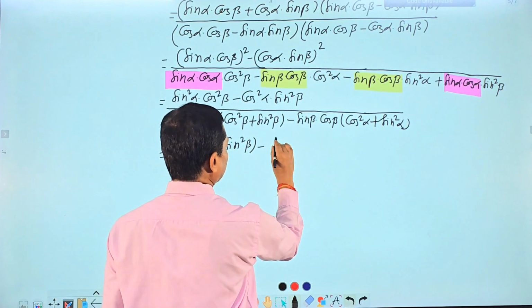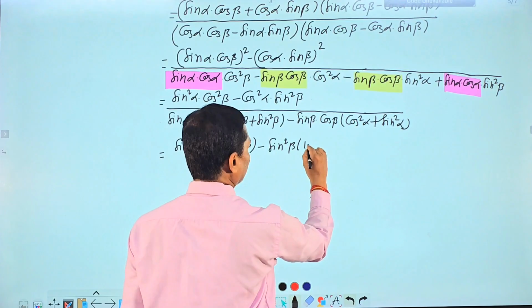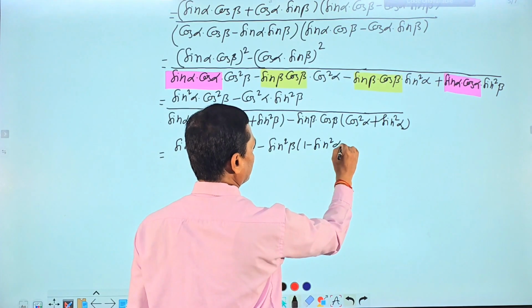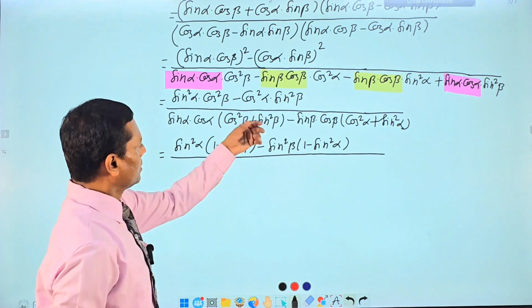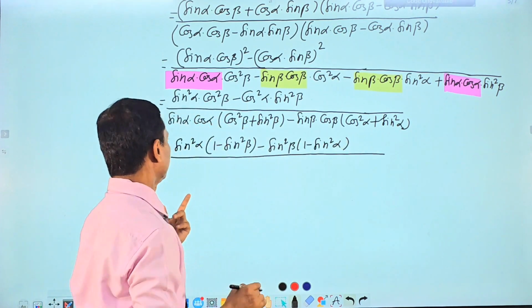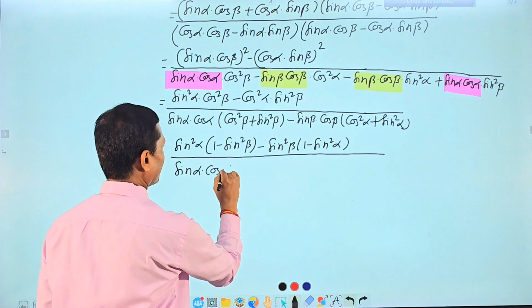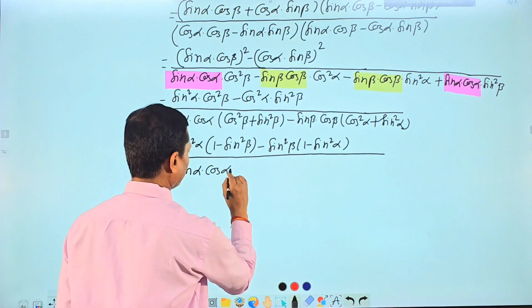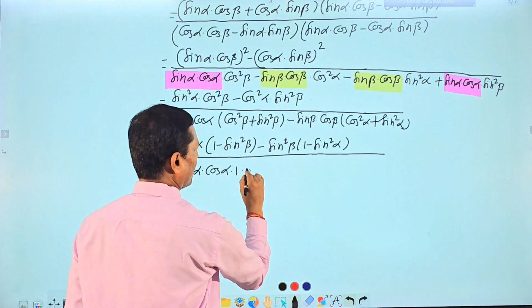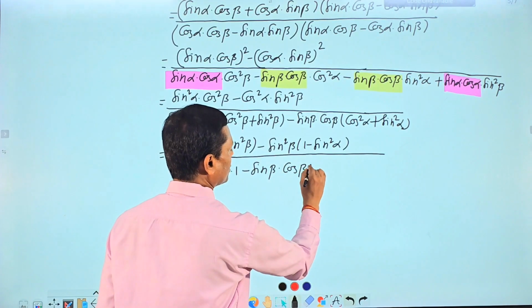Here also this is sin square beta, and cos square alpha becomes 1 minus sin square alpha, correct? And now at the denominator, this part gives you 1, so we have here sin alpha dot cos alpha into 1 minus sin beta dot cos beta into 1.